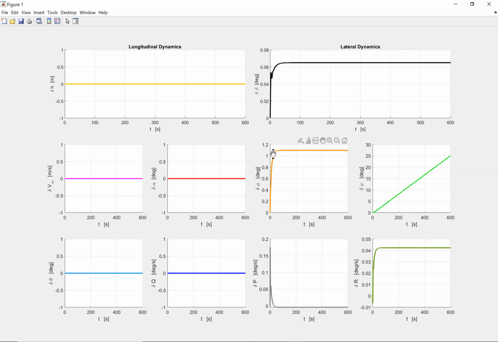And there's also a roll angle of about 1.1 degrees. And although the rolling velocity, or the p component of the angular velocity, has gone back to zero, the angular velocity in the z direction now is constant. So that's why we're changing linearly our yaw angle.